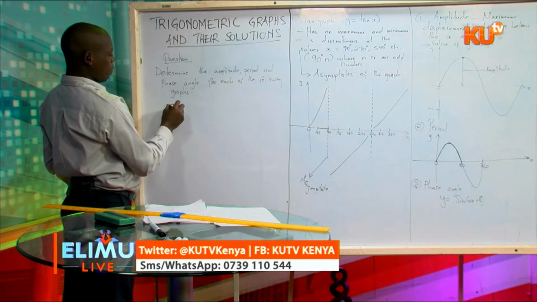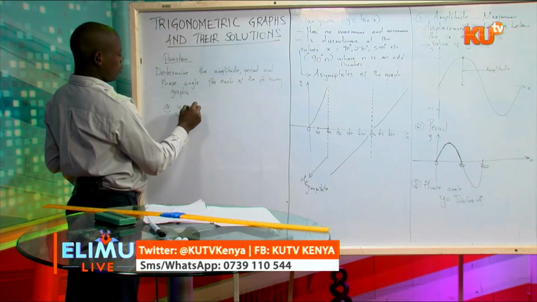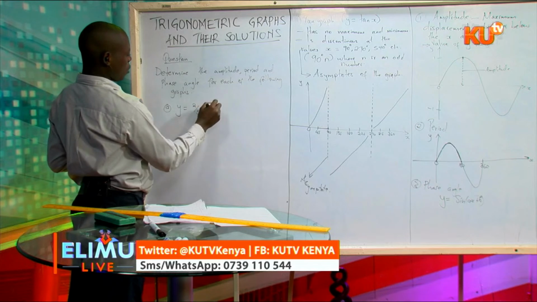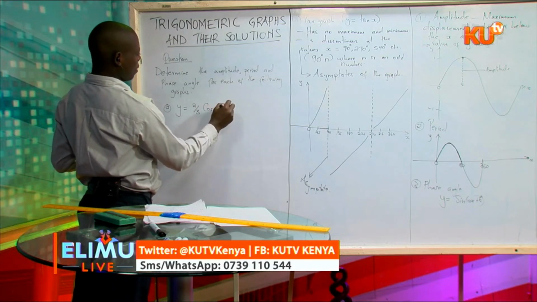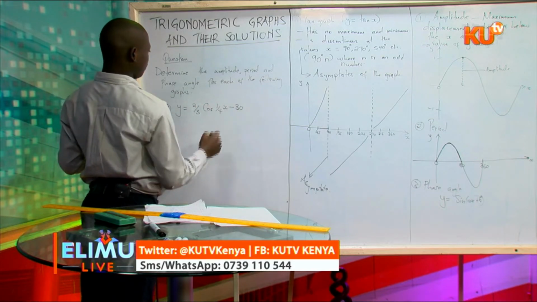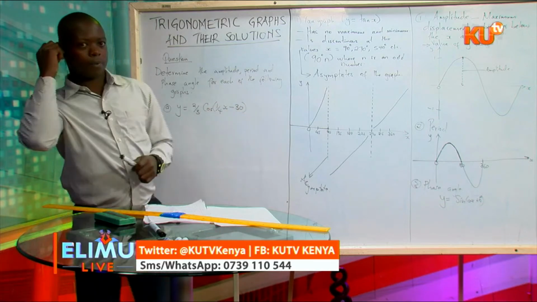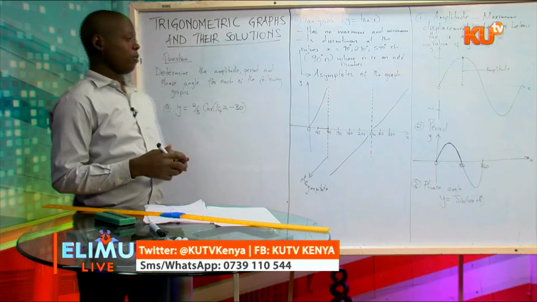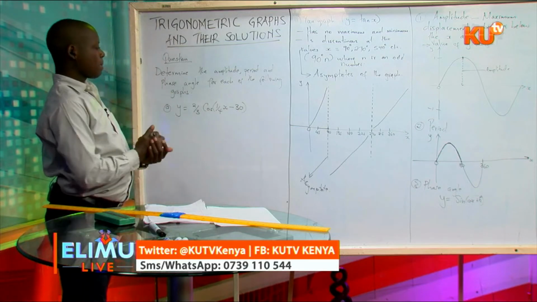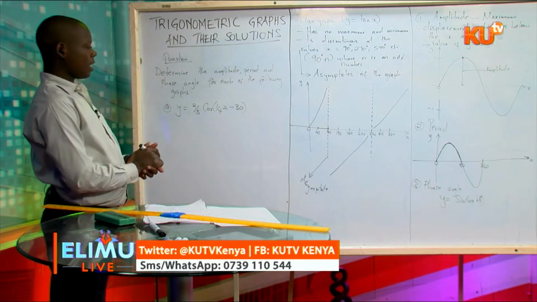And the first one, we have y is equals to 2/3 cos a quarter x minus 30. That is the first curve. Y is equals to 2/3 cos a quarter x minus 30.